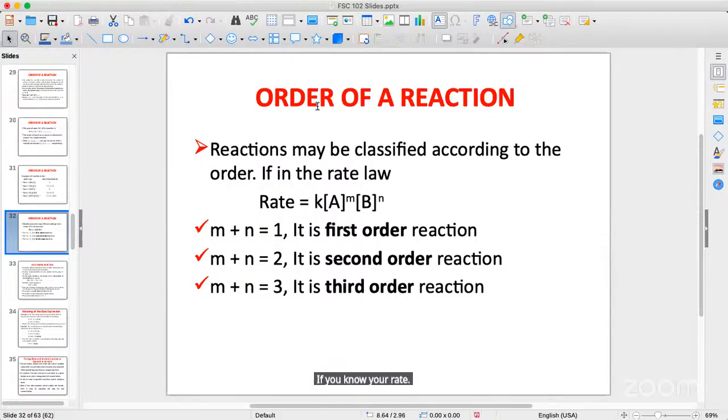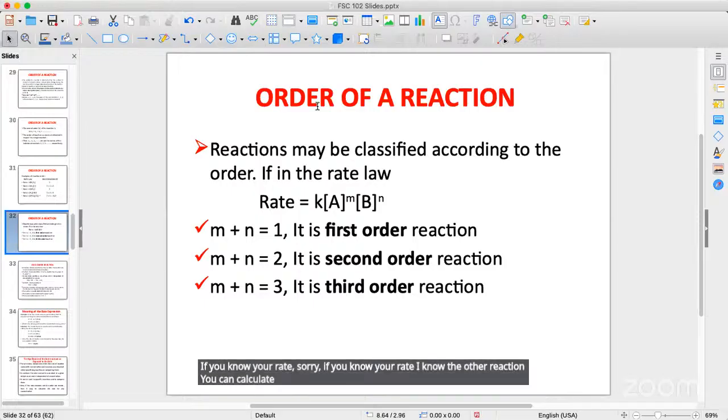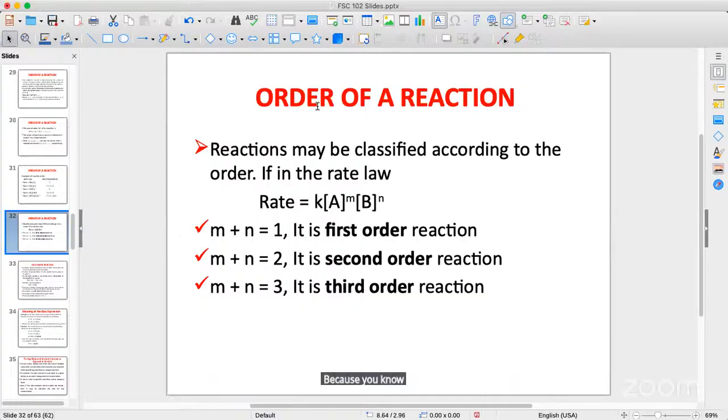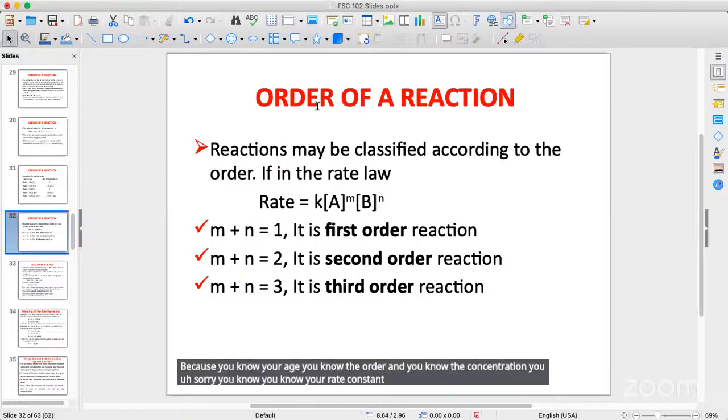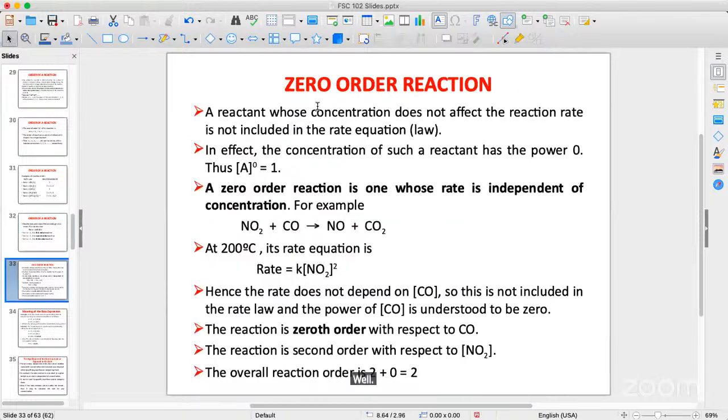If you know your concentration, your rate constant, and the order of reaction, you can calculate the rate for any combination of concentrations. You just need to look at what concentrations you are working at, and that will give you what your rate will be, because rate will be the only unknown.